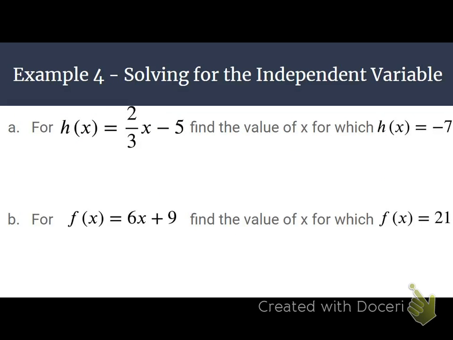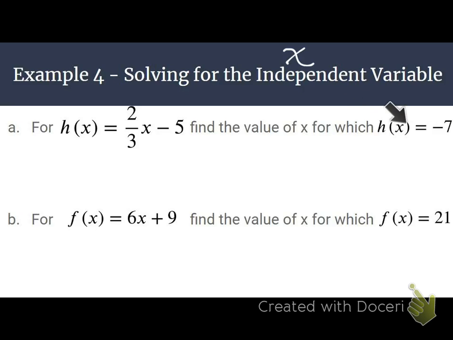On these, we are solving for the independent variable. Which variable is our independent variable in general, x or y? X is our independent variable. So on these problems, we are going to be solving for x. Notice that they didn't tell us that x is equal to -7.